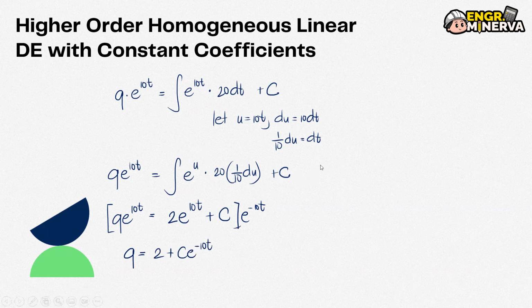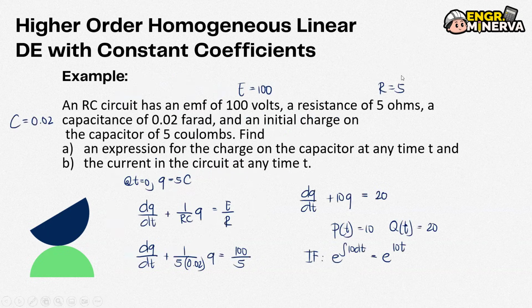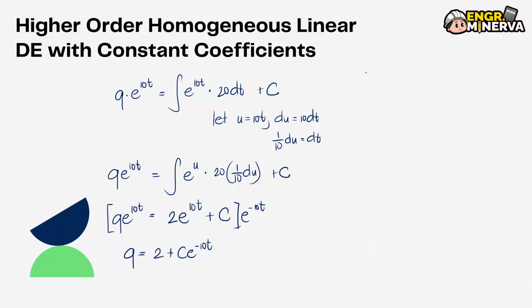But we need to find the value of c. At time equals 0, your q is 5. So substitute that. 5 equals 2 plus c e raised to negative 10t, which is e raised to 0 because your time is 0.